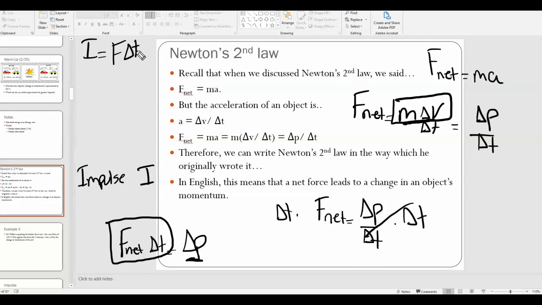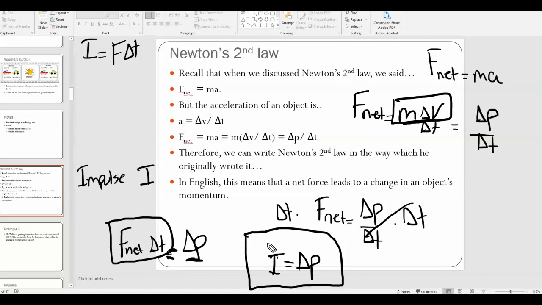Based off of this derivation from Newton's second law, what I've shown you is that this thing we now call impulse, F delta t, is also equal to change in momentum. In other words, I, which is impulse, is equal to the change in momentum of an object. And this has a special name: the impulse momentum theorem.